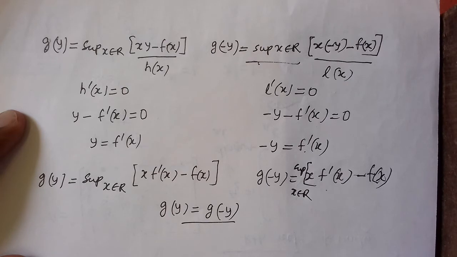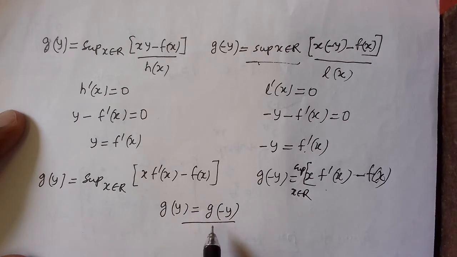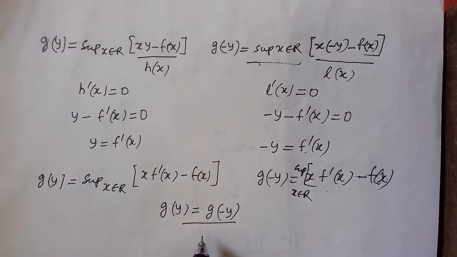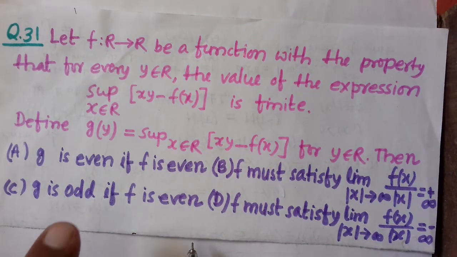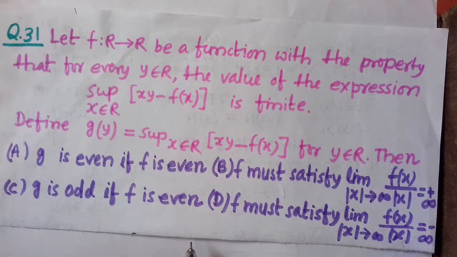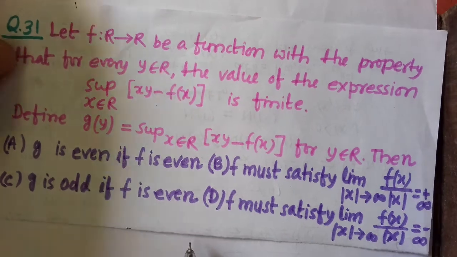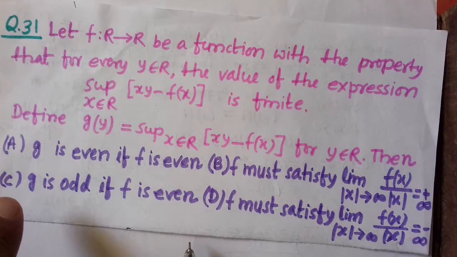And one more thing to note is that we have not assumed f(x) to be even or odd. So f(x) may be even or odd, but our g(y) is an even function. According to the options, option A is correct, because it says g is even if f is even. Since A is correct, C will be wrong.